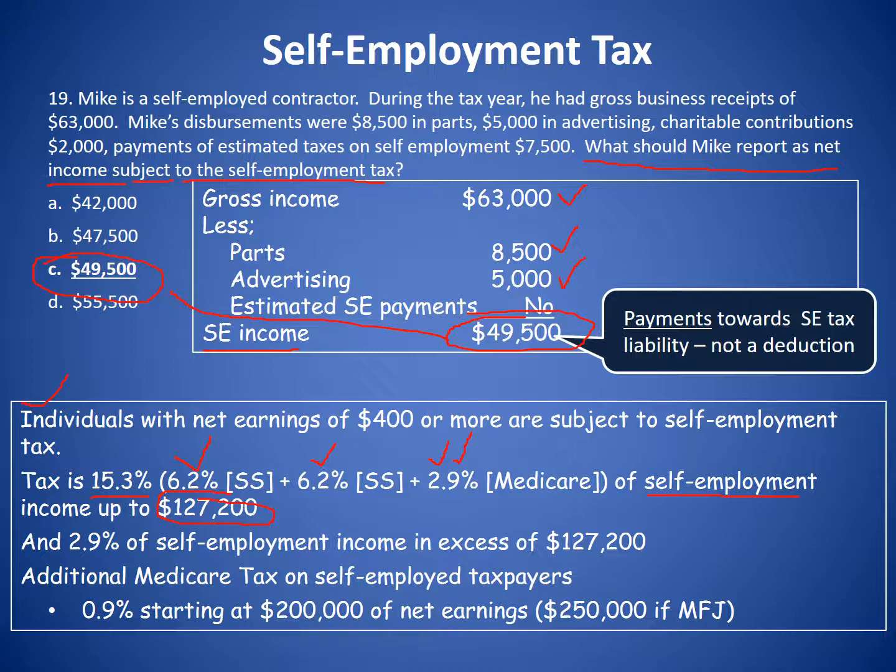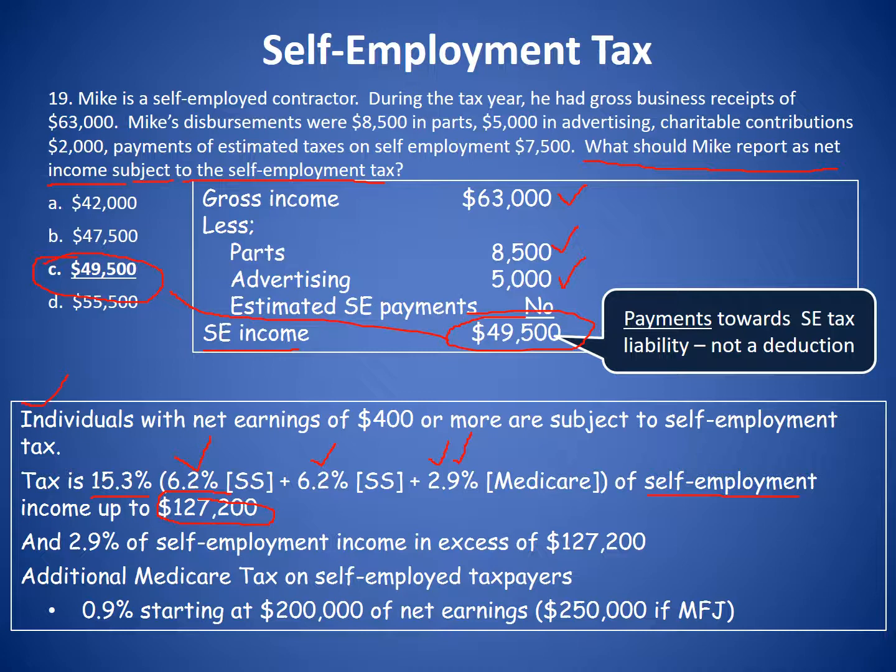Now you have to be careful with this amount, at least, because these amounts are normally indexed for inflation from tax year to tax year. Now also, Social Security stops at $127,200. Okay, Medicare does not stop.